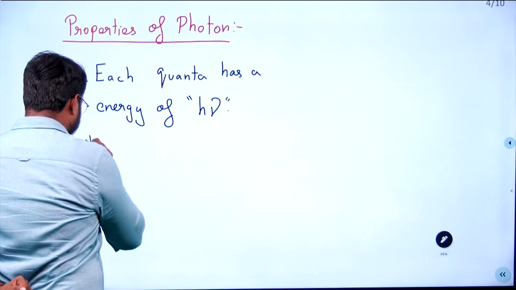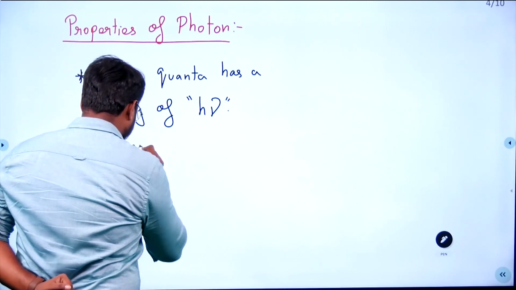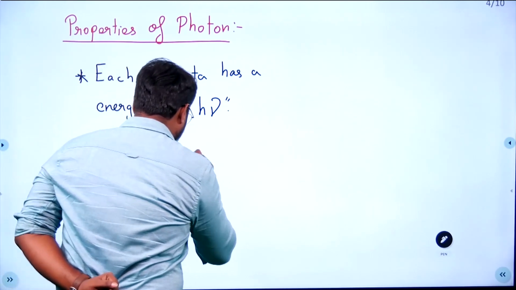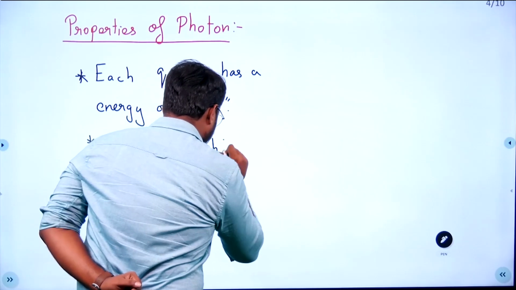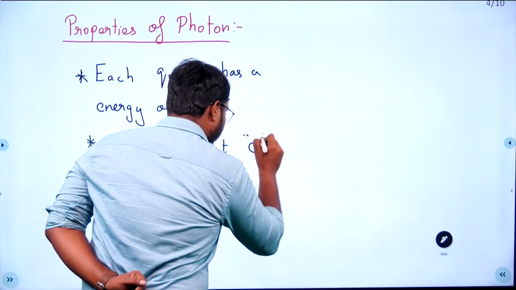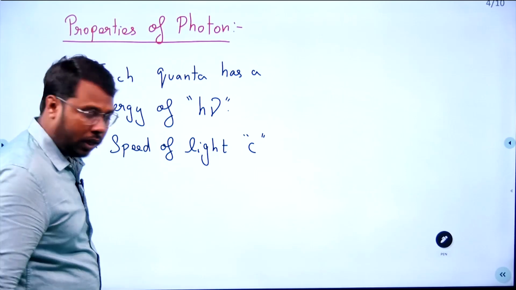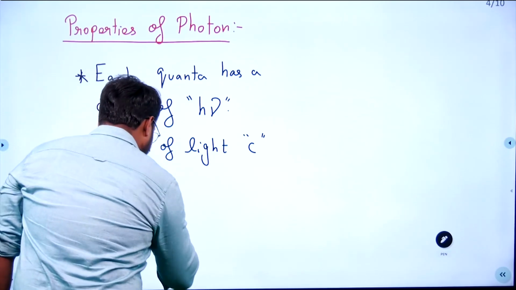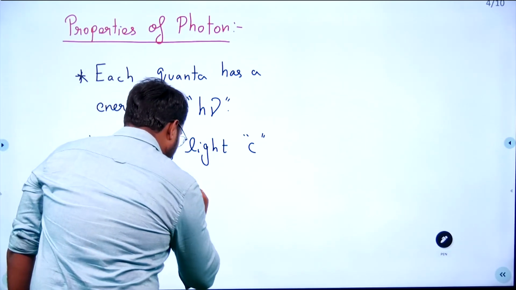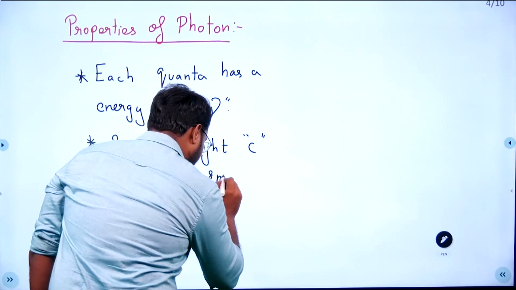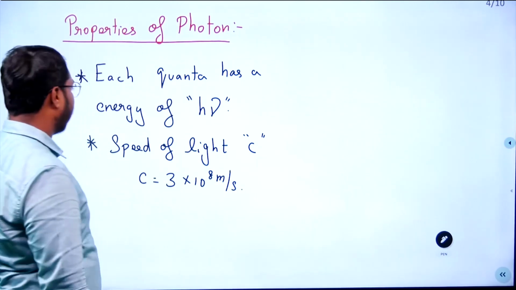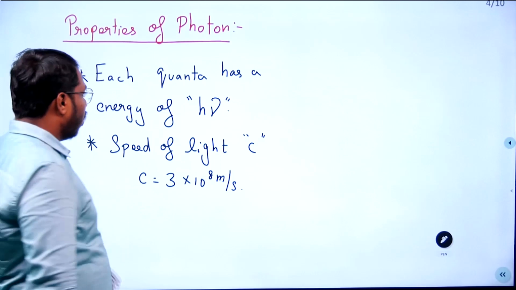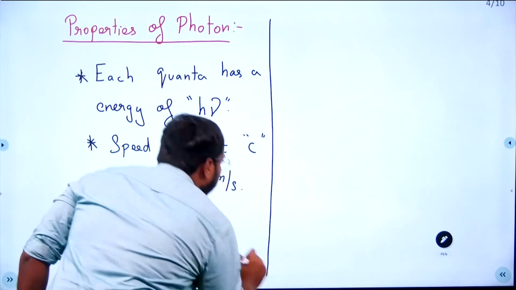Then the speed of light is given by the symbol small c, and the speed is later on discovered to be 3 into 10 power 8 meters per second. So these are all a few basic pieces of information.